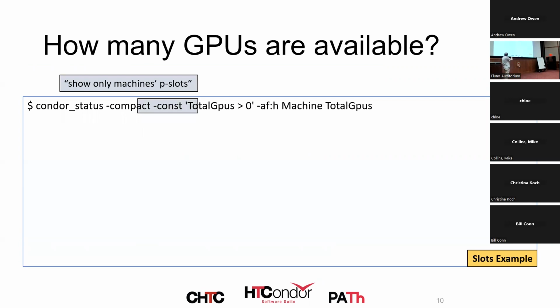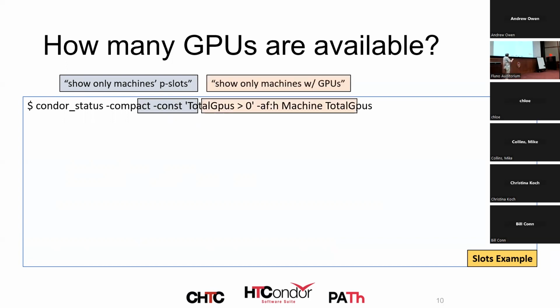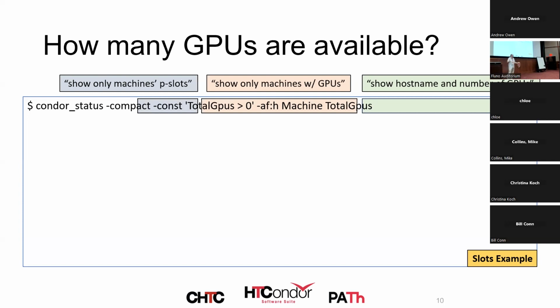Well, -compact is shorthand for show only the partitionable slots on machines, and in most sane pools that you come across, that's going to mean just sum everything up into a single machine ad. Doing -const or -constraint, TotalGPUs > 0 is going to mean show me only machines that have some GPUs. And then -af for the autoformat here. If I pass Machine and TotalGPUs, that's going to say show me the host name and the number of GPUs each host has.